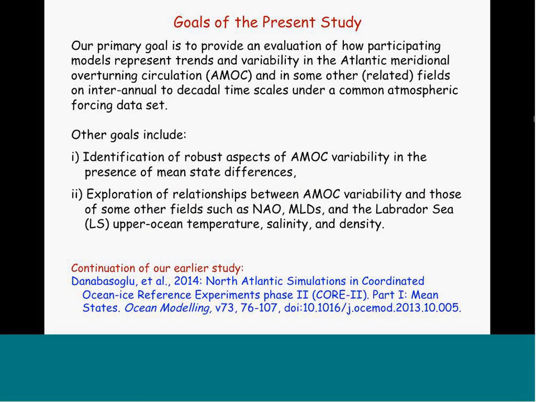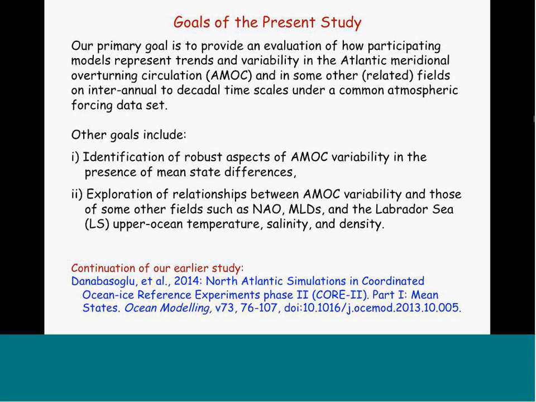What I wanted to cover here, very briefly, is that we wanted to provide an evaluation of how participating models represent trends and variability in the Atlantic meridional overturning circulation and other fields on intraannual to decadal time scales. We are trying to identify robust aspects of AMOC variability in the presence of mean state differences.